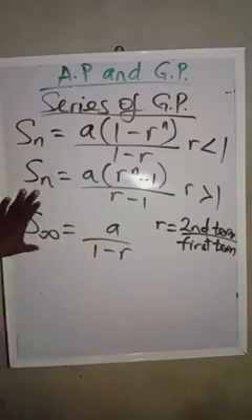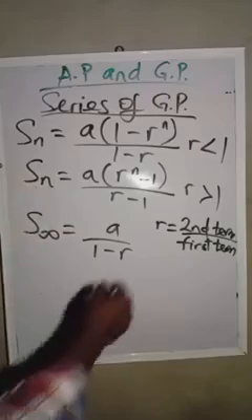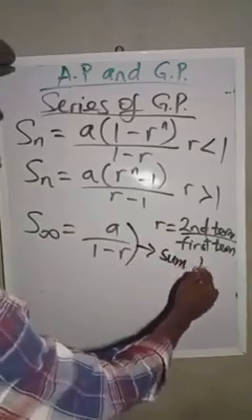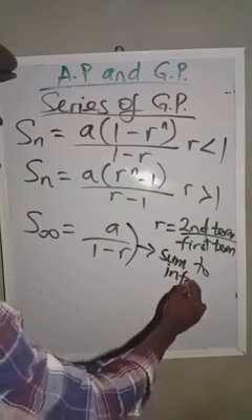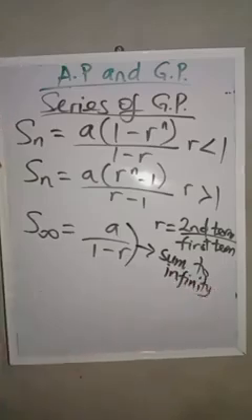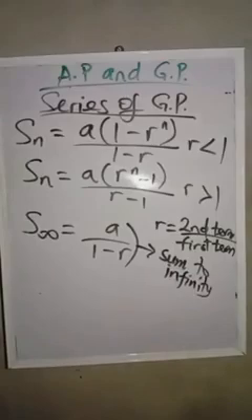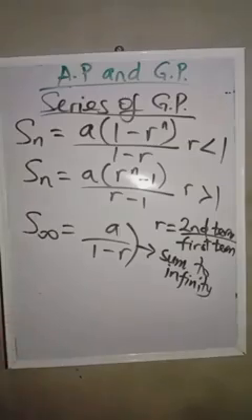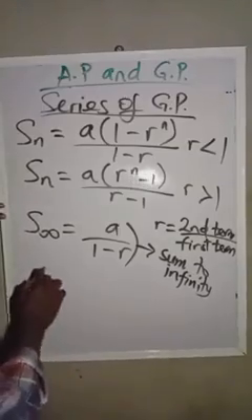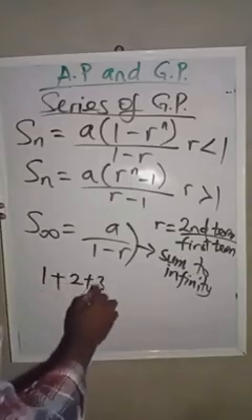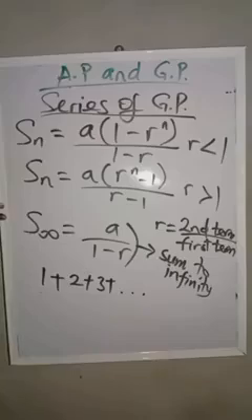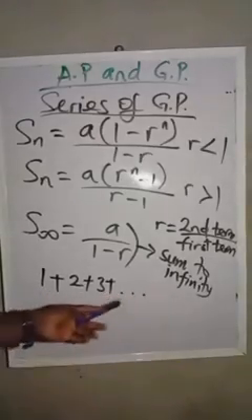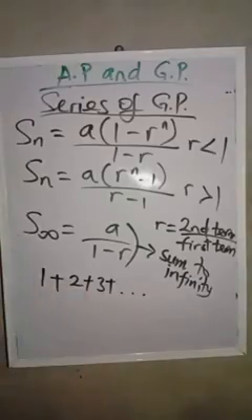And then we have what we call sum to infinity. Sum to infinity says A divided by 1 - R. So this is how sum to infinity is. The question can give you 1 plus 2 plus 3 plus dot dot dot, that is, going on until the last term that we haven't imagined.